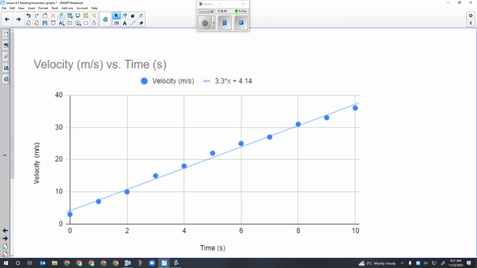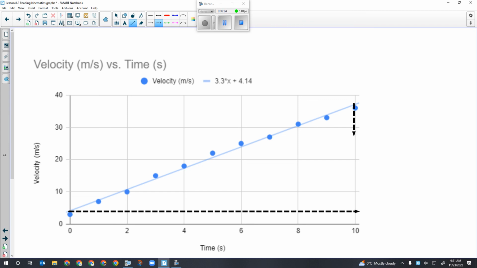Because this one doesn't start at 0. On this one, there are 2 shapes. There's a triangle over a rectangle.